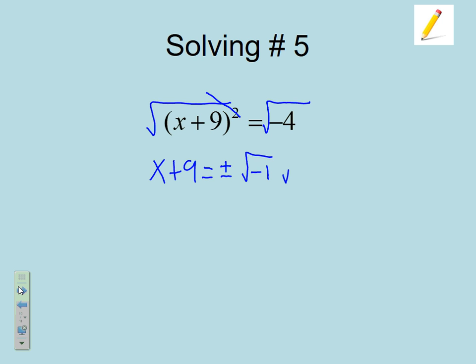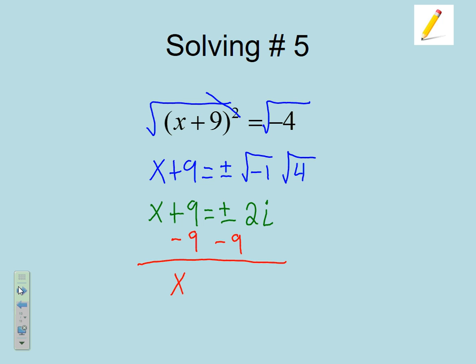So negative 1 and 4. So x plus 9 equals plus or minus, that's going to be i, that's going to be 2. So I have 2i. Now to get x by itself, I am going to subtract 9 from both sides. So I'm going to get x equals negative 9 plus or minus 2i.